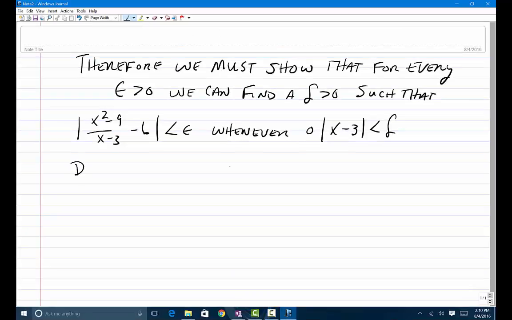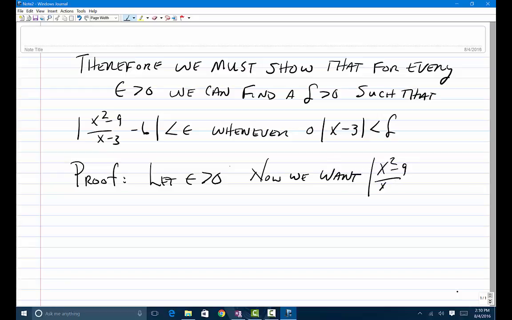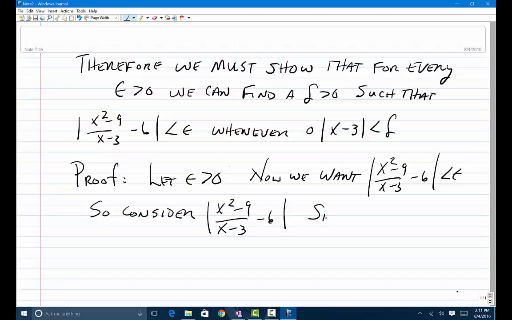So let epsilon be greater than 0. We want the absolute value of x squared minus 9 over x minus 3 minus 6 to be less than epsilon. So consider the absolute value of x squared minus 9 over x minus 3 minus 6.